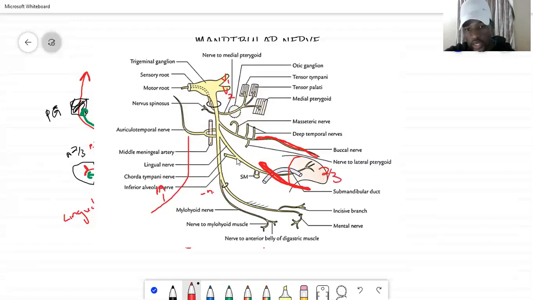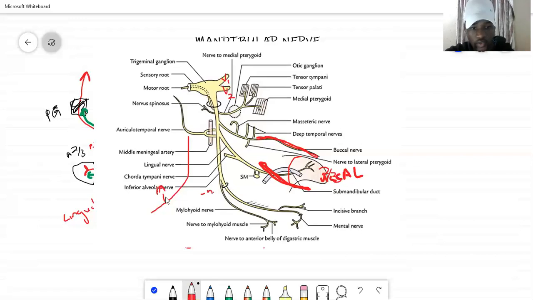And then your lingual is mainly for general sensation, and your chorda tympani for taste. And then your chorda tympani will also supply the submandibular. They didn't show the sublingual, but you remember it also supplies the sublingual gland, right?